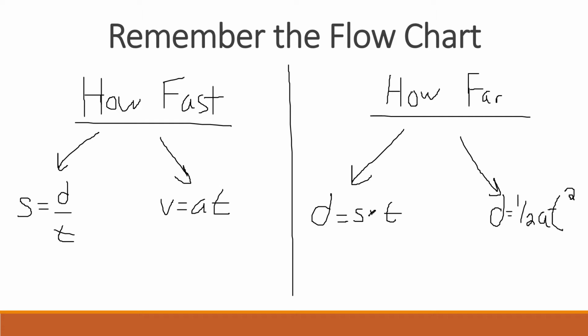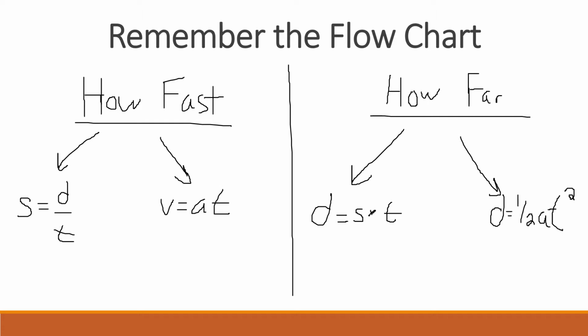So when a question asks how fast, you're looking for either speed or velocity. When a question asks how far, you're looking for distance. So here are the four equations that we have.